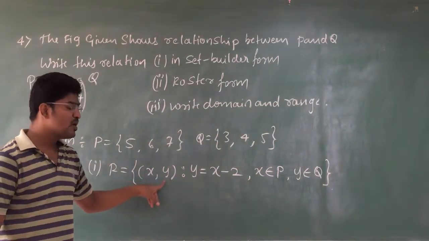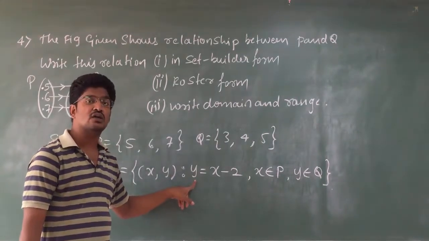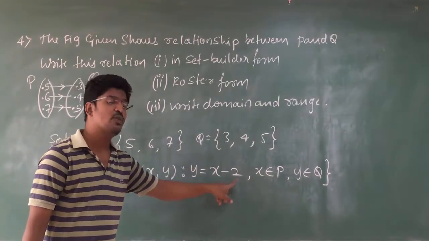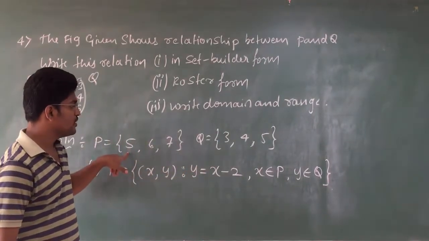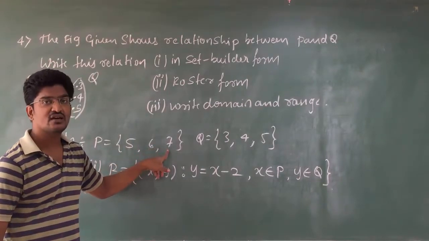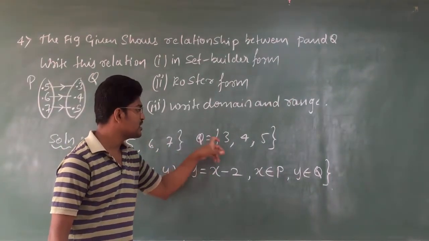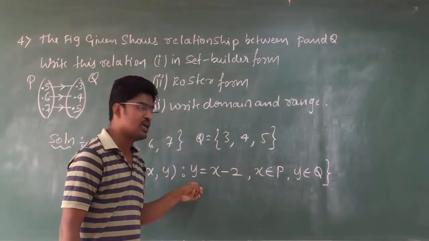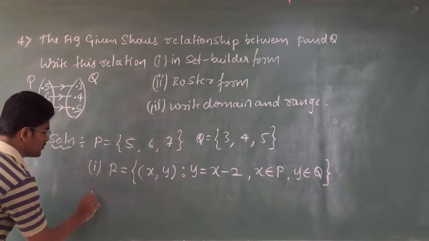See, (x, y), I have written the ordered pairs such that y is equal to what? y is equal to x minus 2. That means the elements of x are from set P, that is 5, 6, 7. Clear? So if I put 5, 6, 7, I should get the terms of Q, that is y. Clear? y belongs to Q. Let us check in roster form.